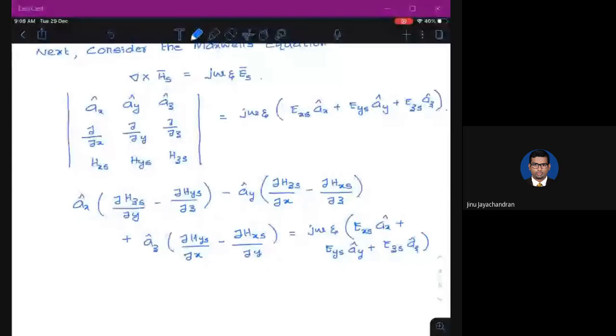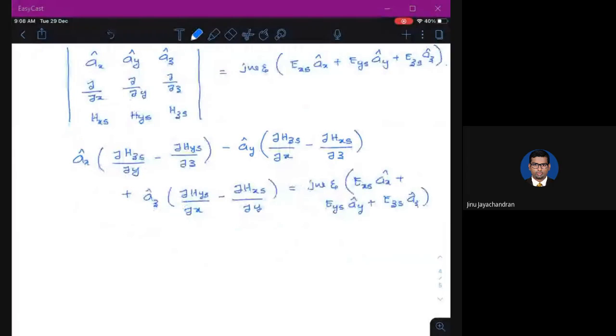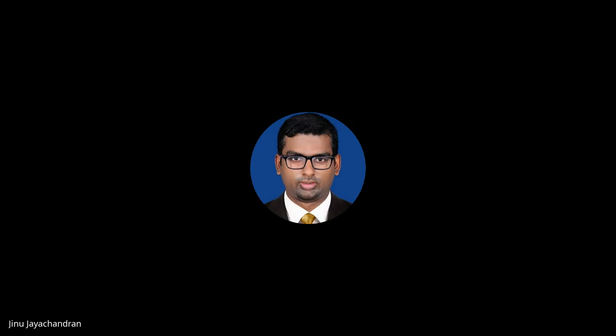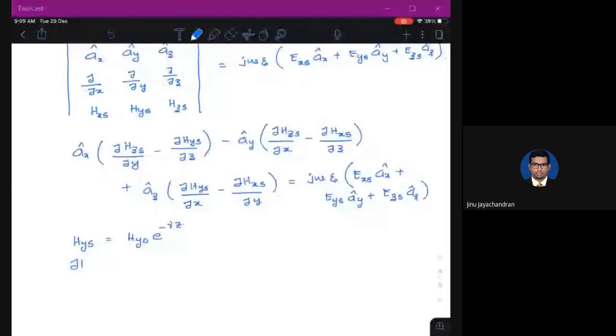Again, we know that there are two terms which are differentiated with respect to z. Since HYS is equal to HY0 e raised to minus gamma z, you have dou HYS by dou z is equal to minus gamma HYS.